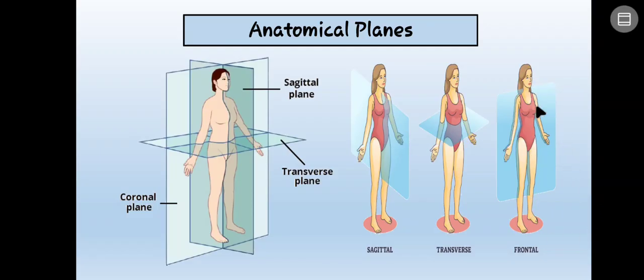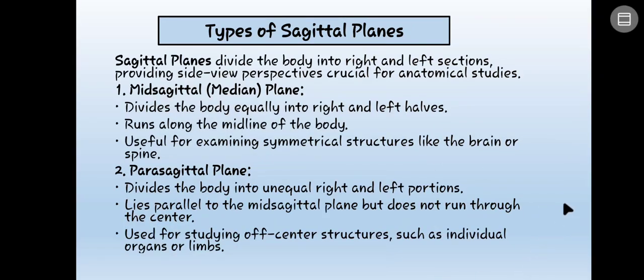The frontal plane will divide the body and give us the anterior portion and then the posterior portion, or the front and then the back. Okay, good. The transverse plane will divide the body and give us top and down, the superior portion, which is the upper portion, and then the lower portion, which is the inferior portion.